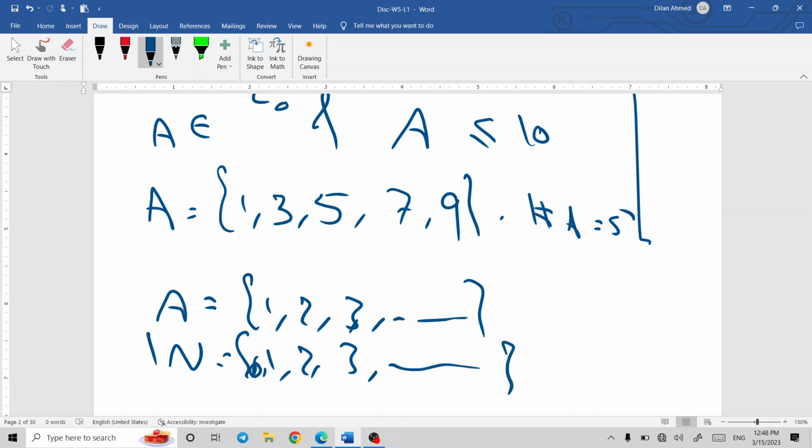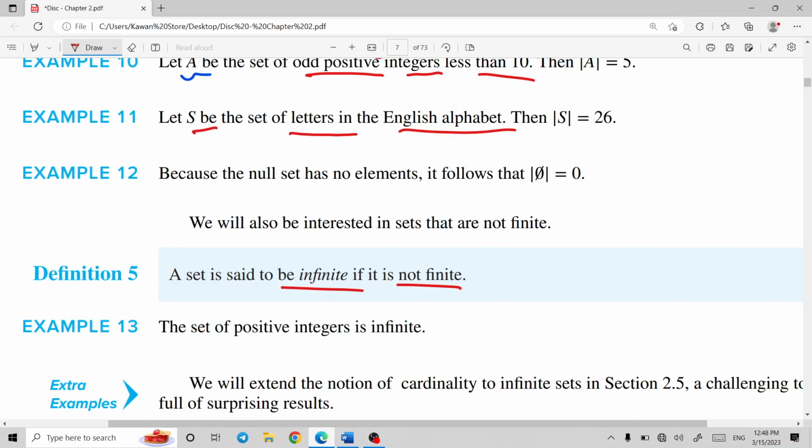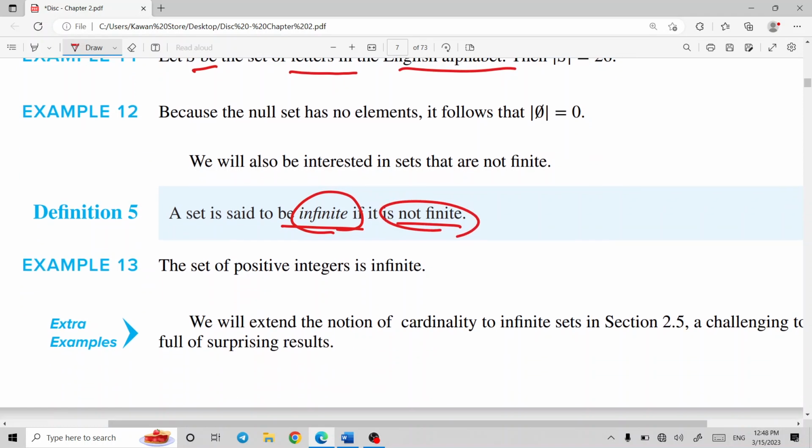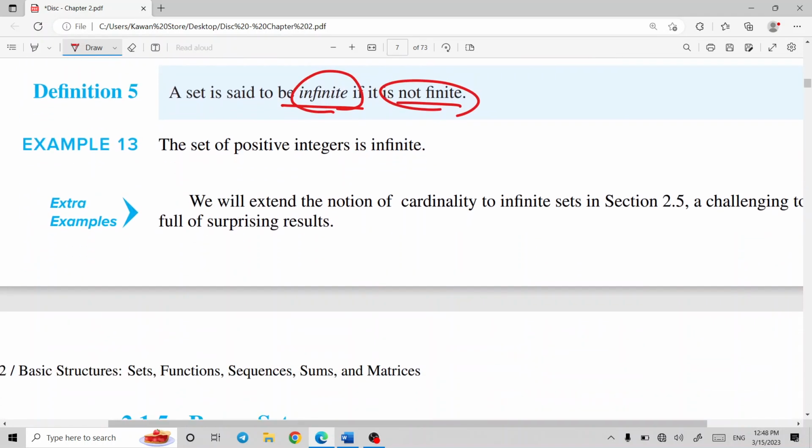We cannot stop, so we have 3 dots. Tell me about the cardinality of N equal to what? Infinite. You're right, we cannot count it. It's 1, 2, and go on. So for an infinite set we don't have a cardinality, but for a finite set we can find the cardinality. Understood, dear?